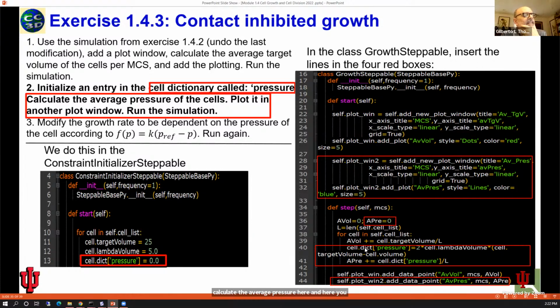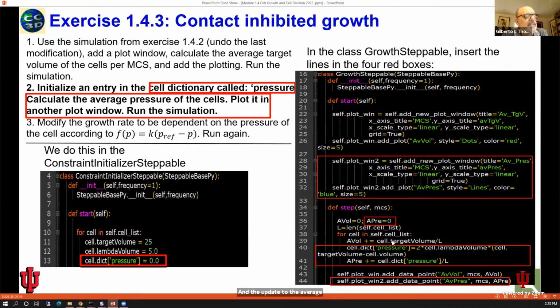You update the cell dictionary inside the loop using that expression that we demonstrated before, the derivative of the volume energy. Remember, 2 times lambda volume times the actual volume minus the target volume. And then you divide this value by L, which is the number of cells, and update the average value A pre that I created here.